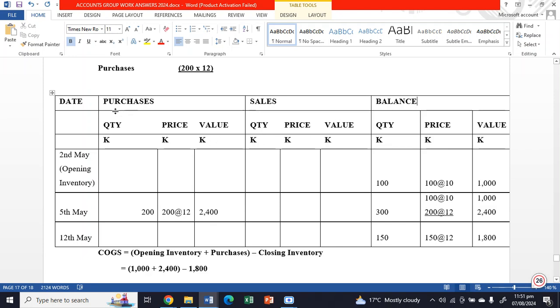For each section, you're going to have quantity, price, and value. Quantity, price, and value. Then for balance, quantity, price, and value. Okay. So we're going to use the first in, first out method, FIFO.